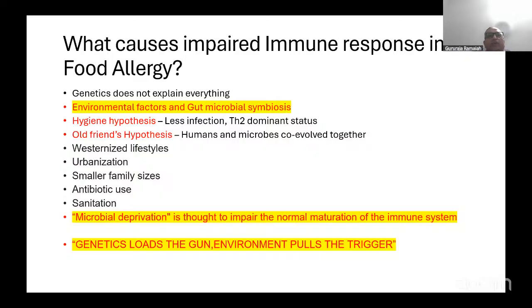This microbial deprivation is thought to impair the normal maturation of the immune system. The modern interpretation is strongly supported by consistent findings that children raised in traditional farms with high levels of animal and environmental microbial exposure have significantly lower rates of allergic diseases.